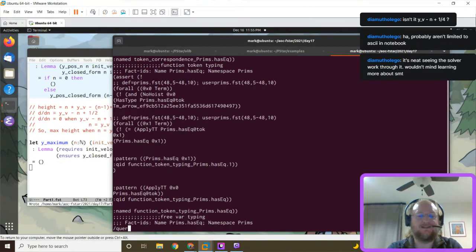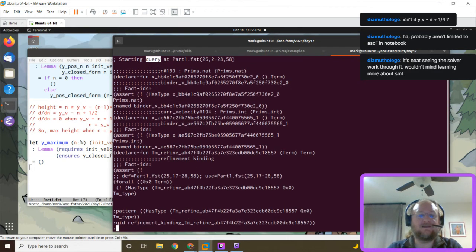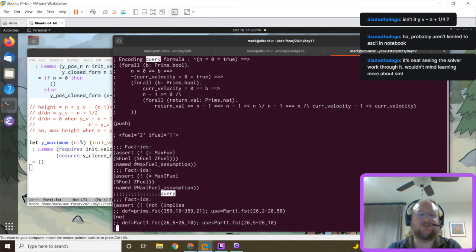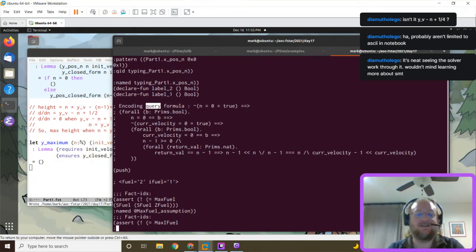But you know, it's commented with what line of the source it's querying, and you can see the formulas that it says it's encoding before they get into Z3's language. So this is, I think, one of our inductive proofs. Oh no, this is actually a termination proof for our recursive function.